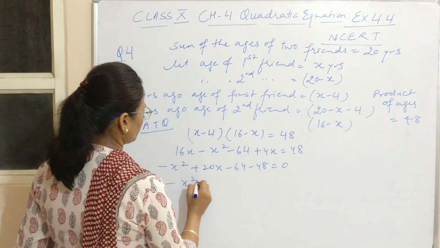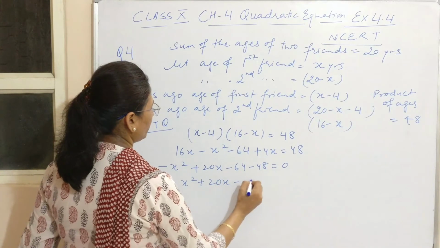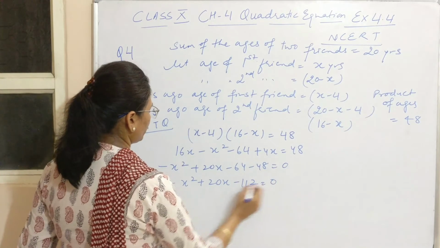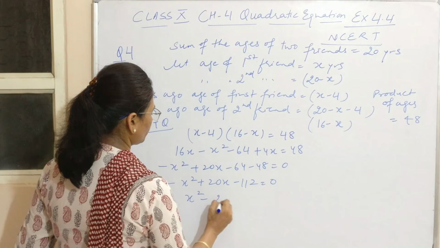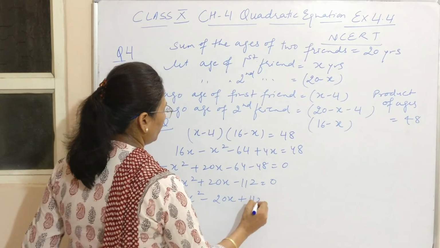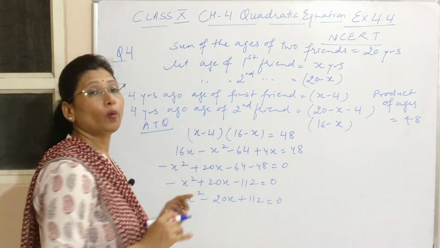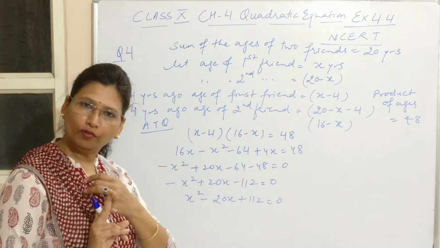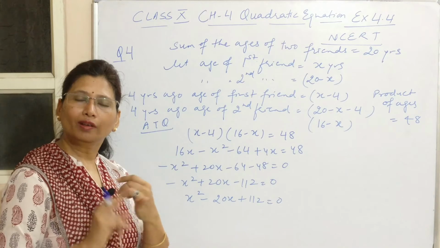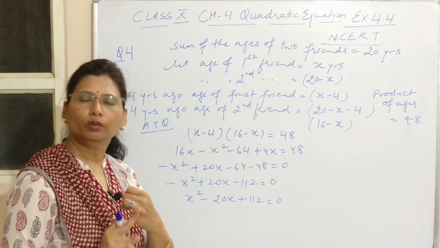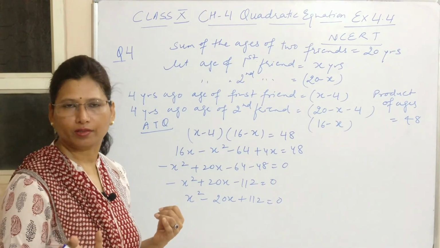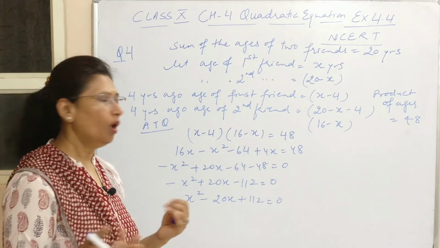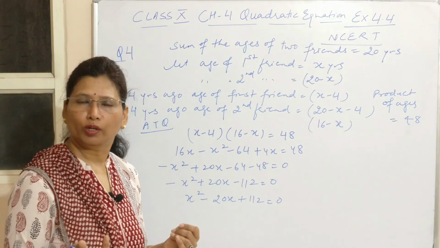So minus x square plus 20x minus 112. Here the minus sign is common, so x square minus 20x plus 112. I mean to say this is the quadratic equation that you will get. Once you have got the quadratic equation, you will find the value of D. If D comes out greater than or equal to 0, then you will find out the value of x by using the quadratic formula, or even by splitting the middle term you can manage.